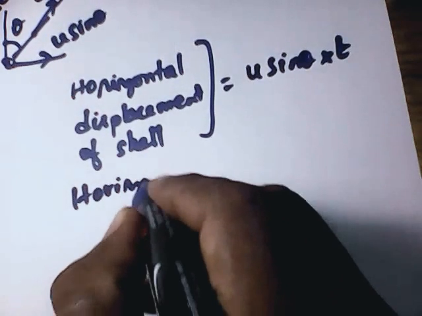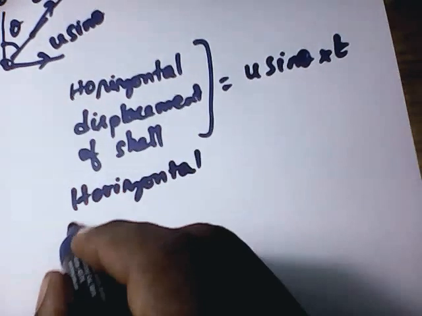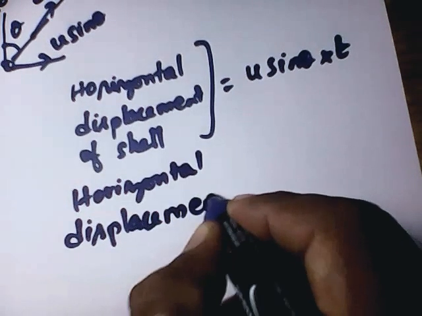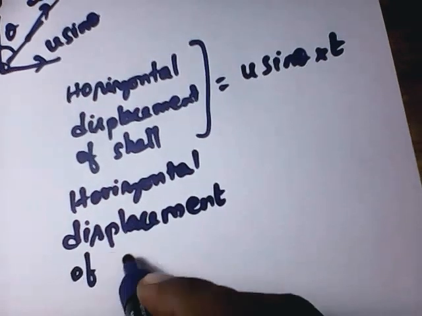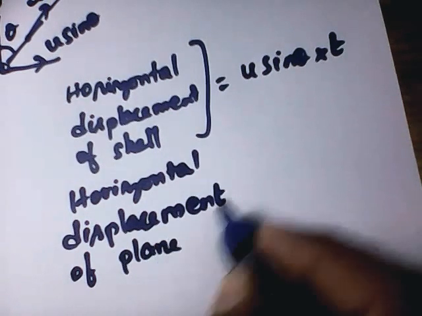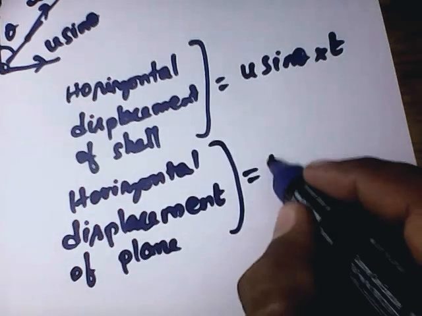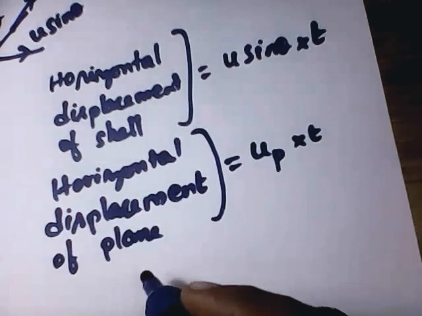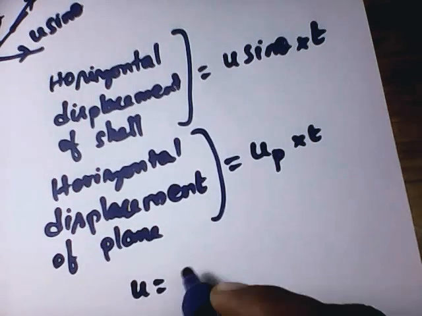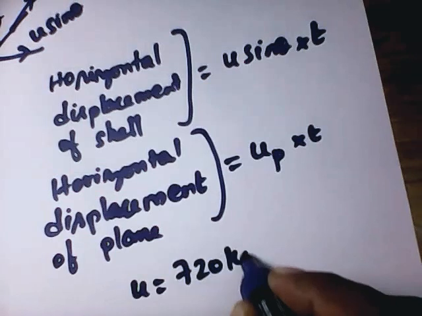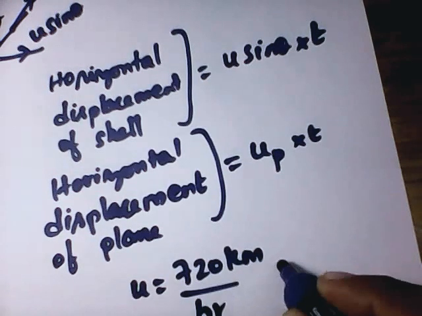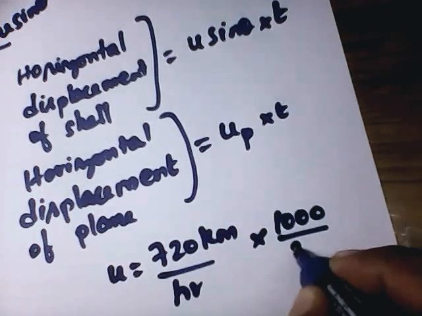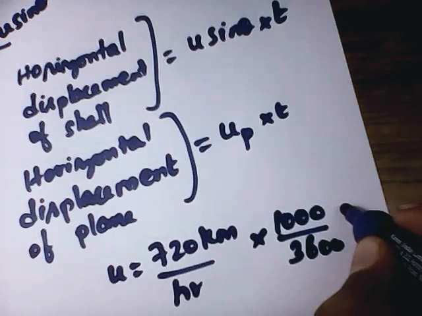Similarly, horizontal displacement of plane is u of plane into time. What is u of plane? Here the given plane u is equal to 720 km/h multiplied with 1000 by 3600.